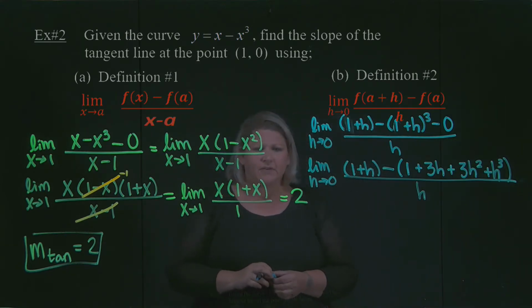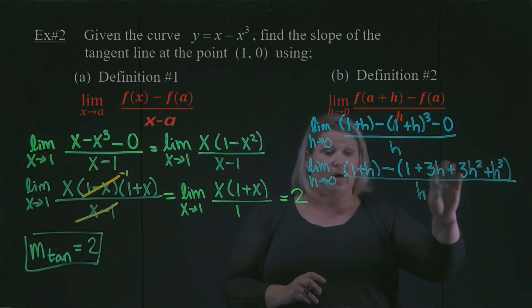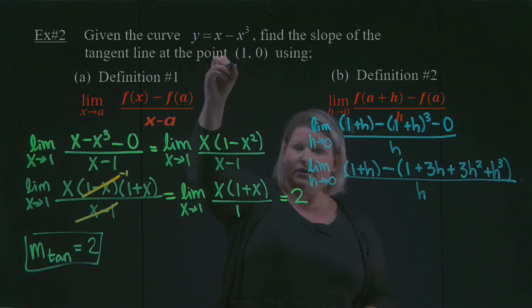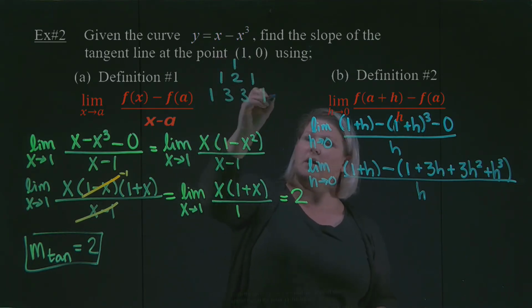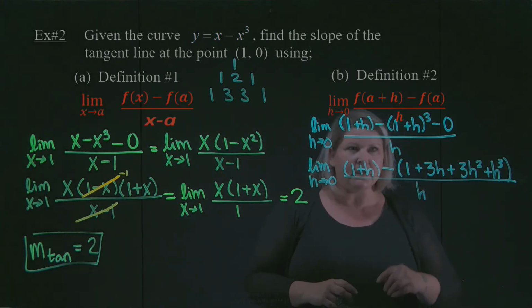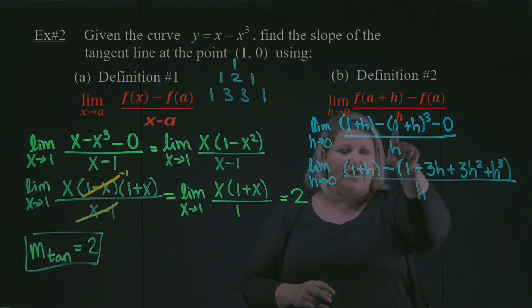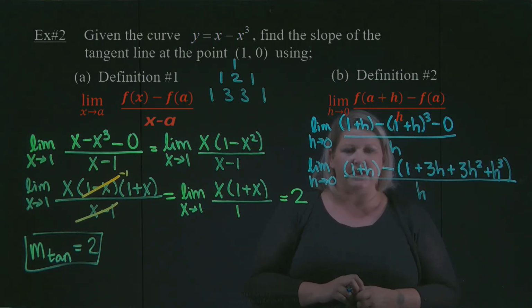Okay, now for this one, I don't know if you remember, this is that whole Pascal's triangle thing. You do the whole 1, 1, 2, 1, 1, 3, 3, 1. And then cube it using the 1, 3, 3, 1. 1 starts at 1 to the 3rd and goes down. h starts at h to the 0 and goes up.